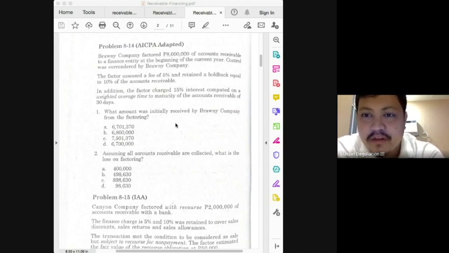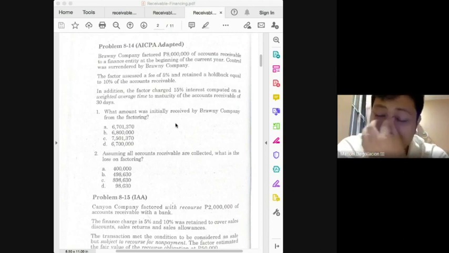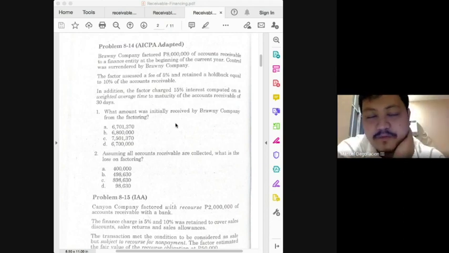Okay, and basically you just have to compute. You get 15% of your 8 million. Okay, but of course that 15% is if it was outstanding for one whole year.